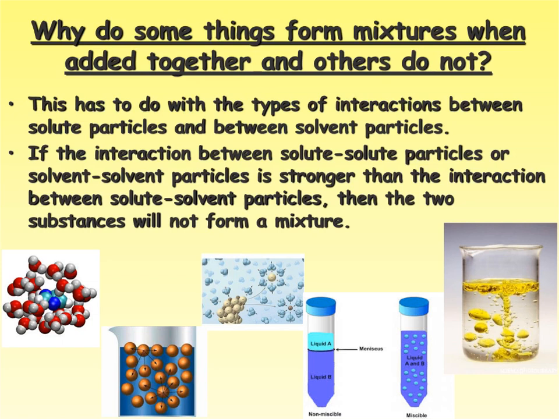So if it has a stronger attraction to the next solute particle, it's going to remain undissolved. If it has a stronger attraction to the solvent particle, then the substances will mix, okay? Now, we see this commonly with like oil and water and different kinds of salts and such.